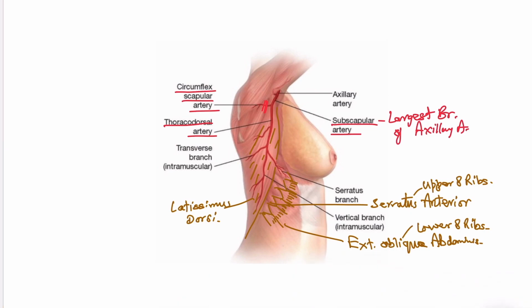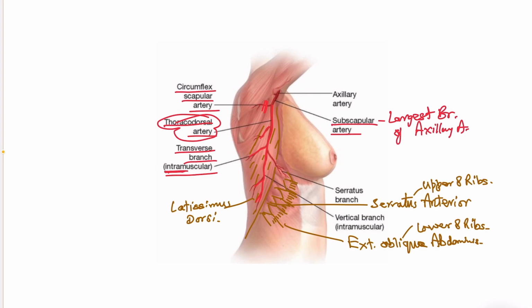Now focus on this course. So this artery, the subscapular artery, after giving out the circumflex scapular artery, continues as the thoracodorsal artery. It runs under the cover of latissimus dorsi, giving out its transverse branches which are intramuscular. Remember, it is not inter, it is intramuscular.